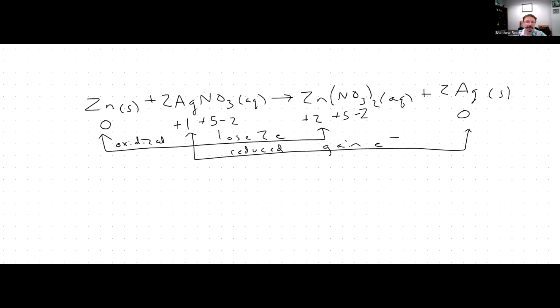So the oxidizing agent is the thing that promotes oxidation. So as zinc is losing electrons, there has to be something there to take them. What's that going to be? Well, that's going to be the silver there. So the reactant that contains the element being reduced is our oxidizing agent.